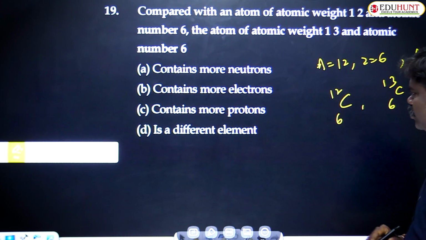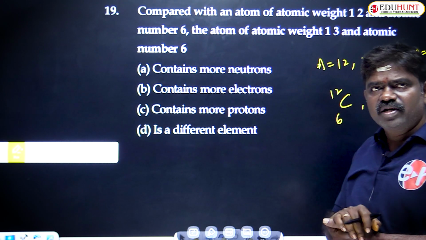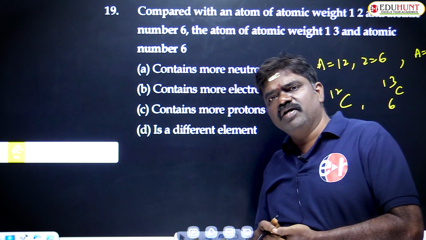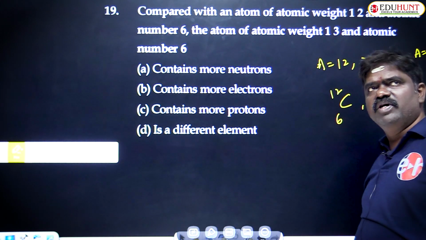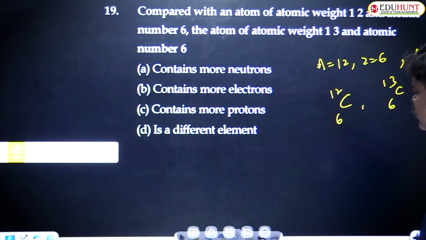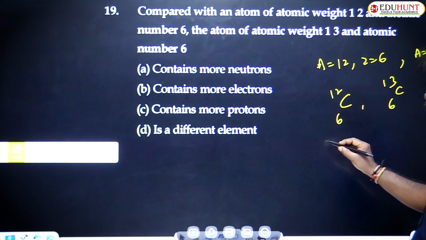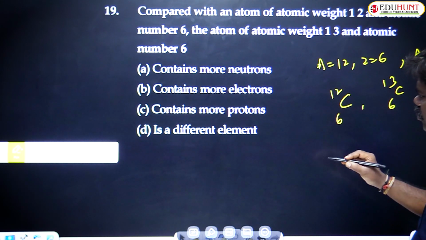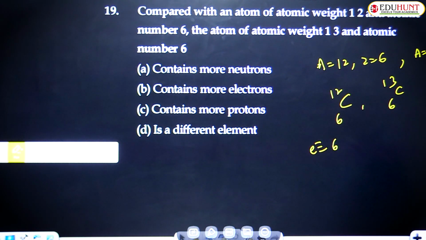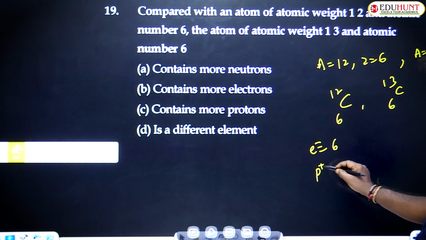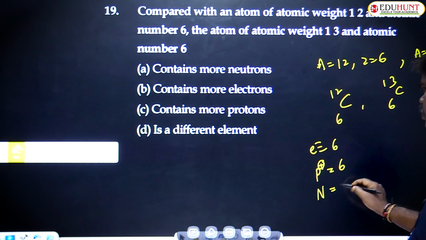Both are carbons, and both are called isotopes, because same atomic number but different mass number are called isotopes. If you observe this, the number of electrons is 6, the number of protons is 6, and the number of neutrons is 6.